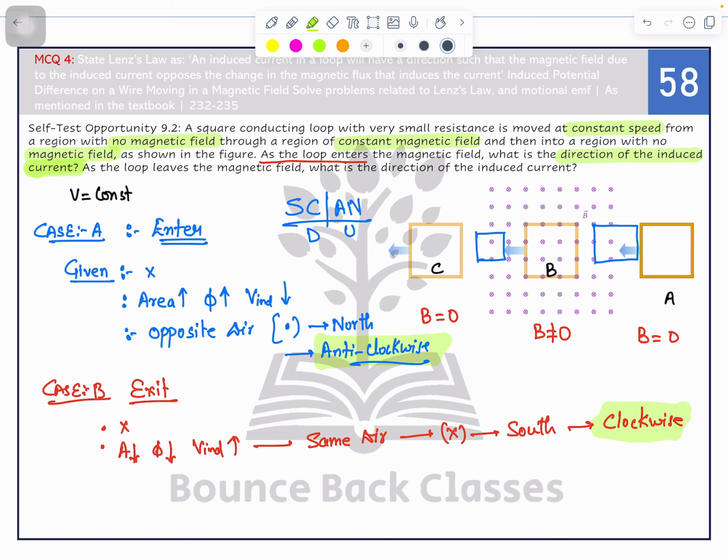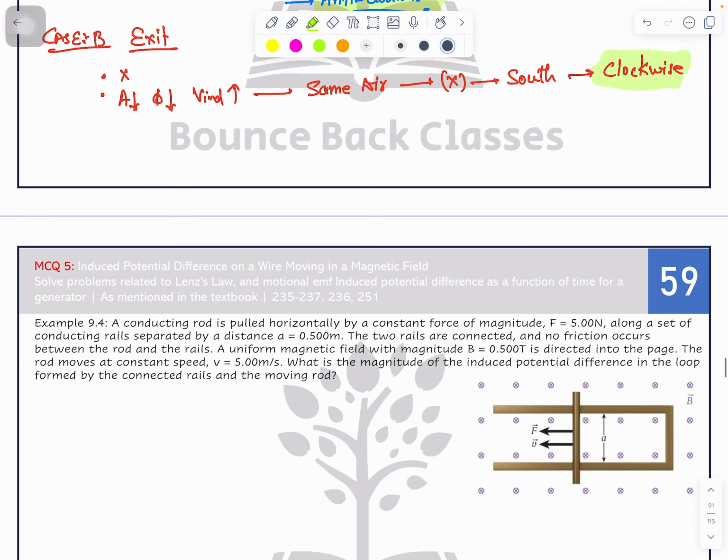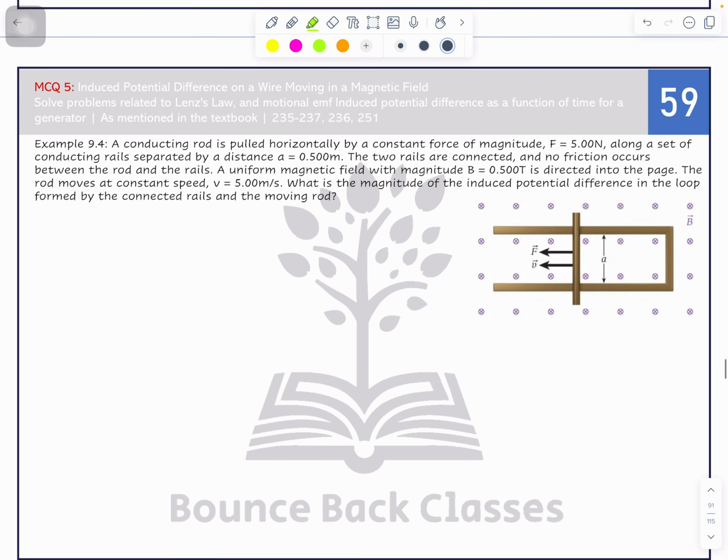Okay, now move on to the next question. Read this carefully. A conducting rod is pulled horizontally by a constant force, F equals 5 Newton, along a set of conducting rails separated by a distance A. This is very important.